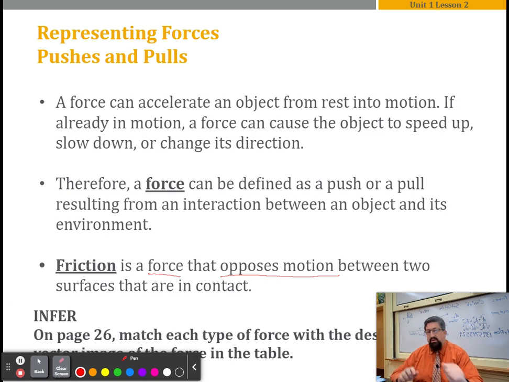A spring force is a force where something changes its shape and has a tendency to return to its original shape. It might be a spring that gets compressed and pushes back out, or a rubber band that you stretch and then it wants to return to its original shape. A tension force is a pulling force. So if you're pulling on a rope, that is a tension force.